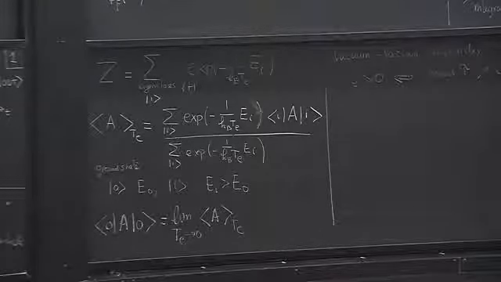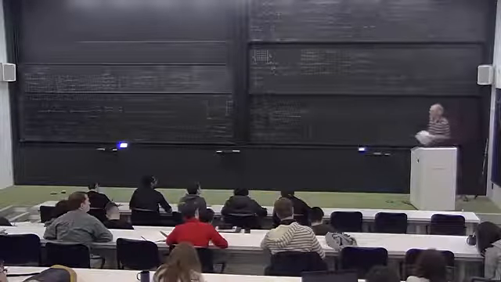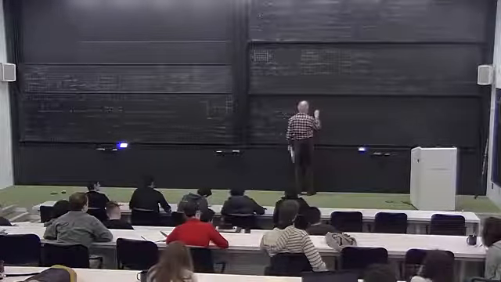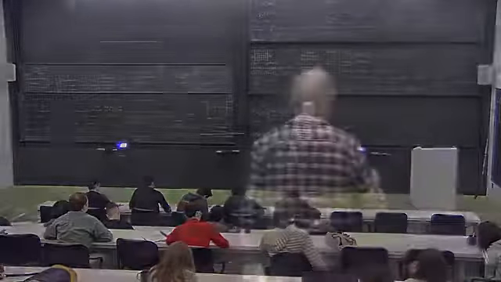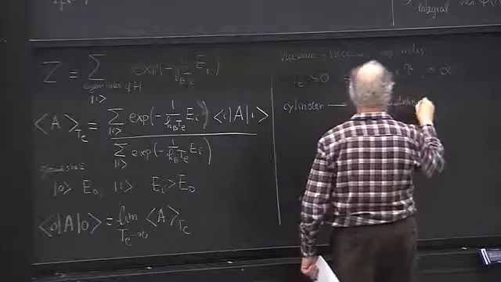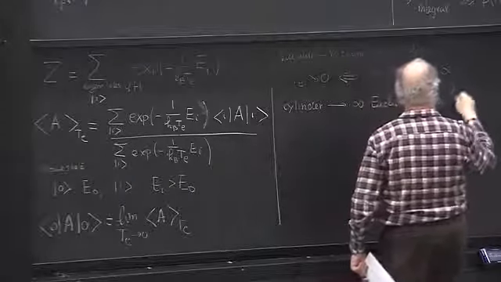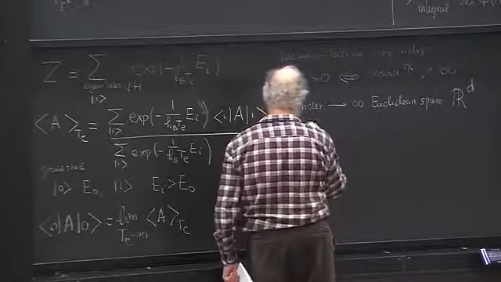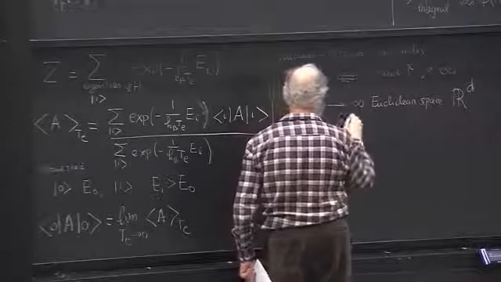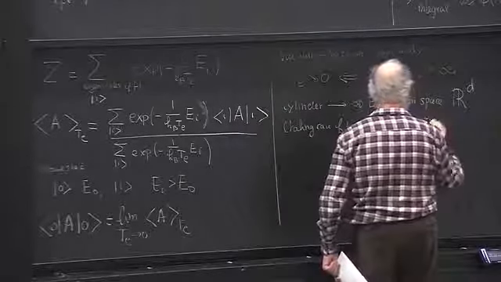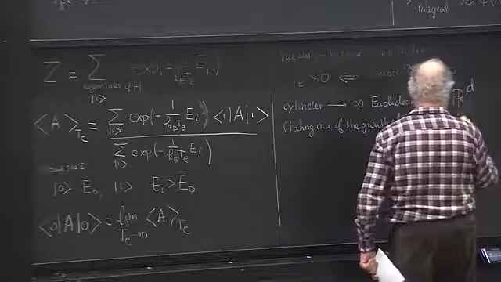So this cylinder grows larger and larger and larger, and therefore instead of having a cylinder, you get an infinite Euclidean space R^D, just taking care of the growth of the field at infinity.